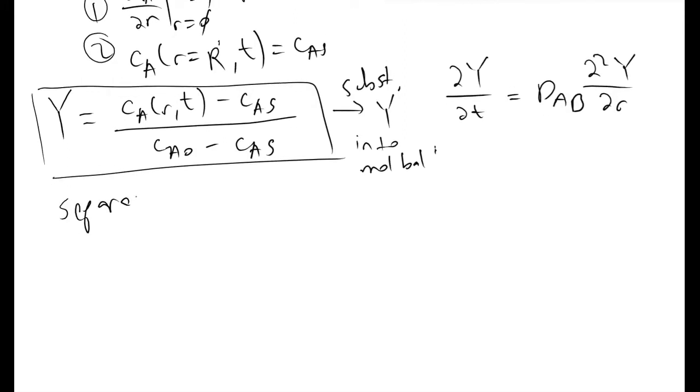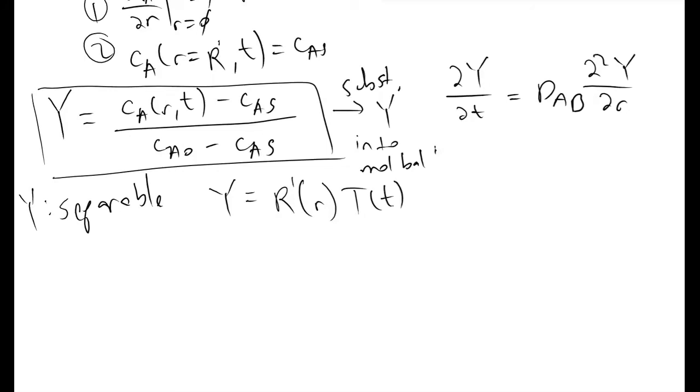We will assume that y is a separable equation, in which case we can say y will be equal to some function, we'll call it R prime of r, times some other function, big T of some time t.